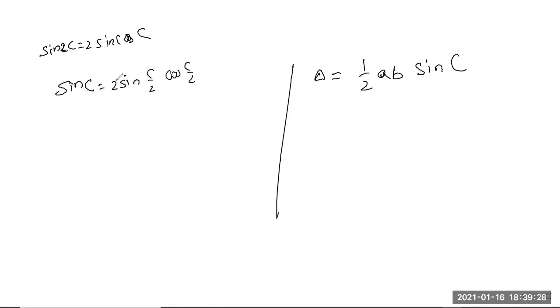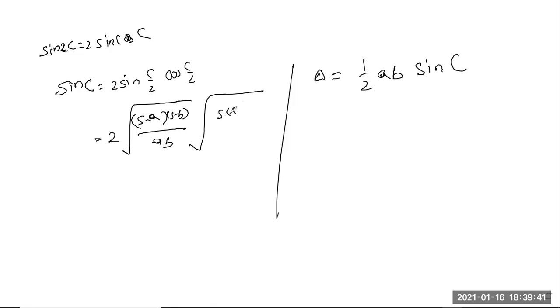I am relating with the half angle formula. So 2 sin C by 2 is simply root S minus A into S minus B divided by AB, and cos C by 2 is S into S minus C by AB. So you can write this as 2 by AB, because root AB into root AB will become AB, and you will get root S into S minus A into S minus B into S minus C.